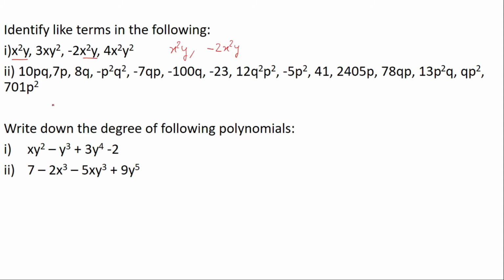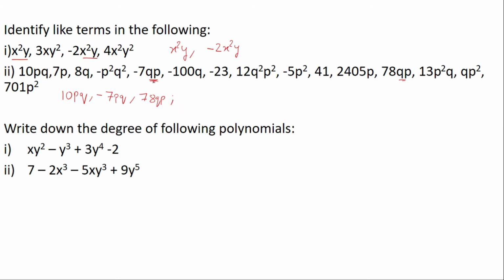So the like terms are 10pq, minus 7pq, qp or pq are same. So you can write here pq also. And here 78 qp. These three are like terms, okay, having same variable.